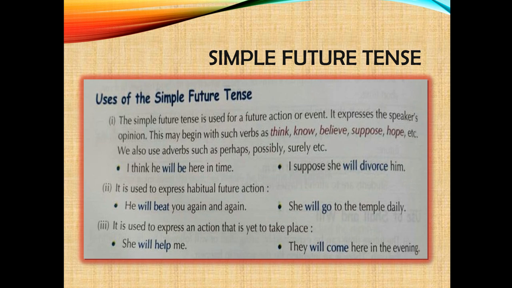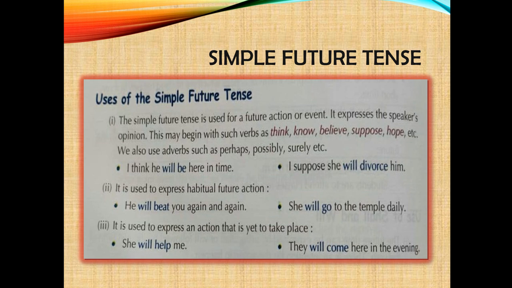He shall never go there at any cost. So, these are the uses of will and shall, and at the same time, this is for future tense, which describes an event which is going to take place in future.